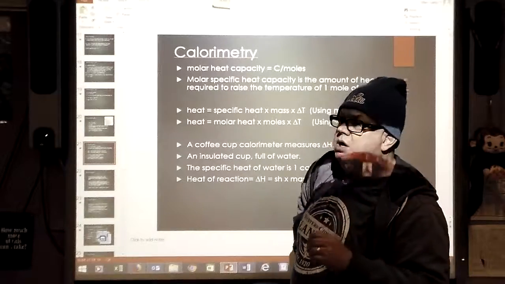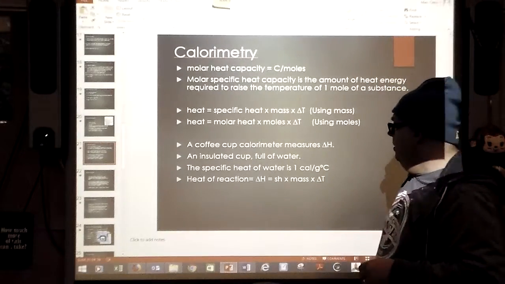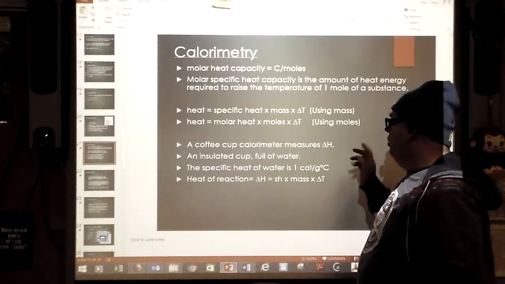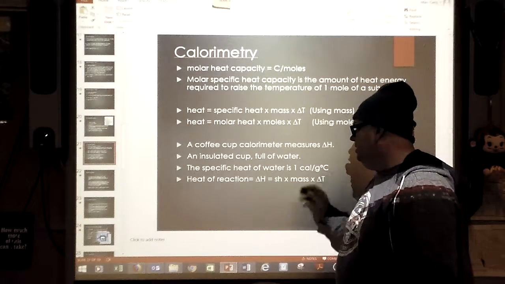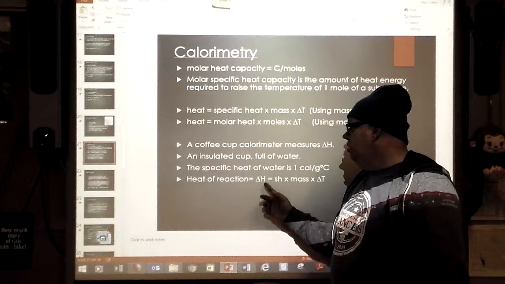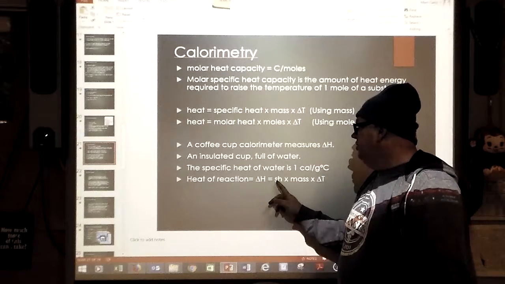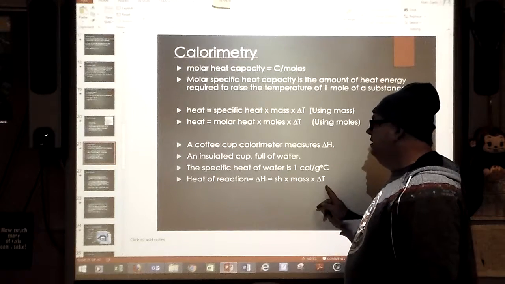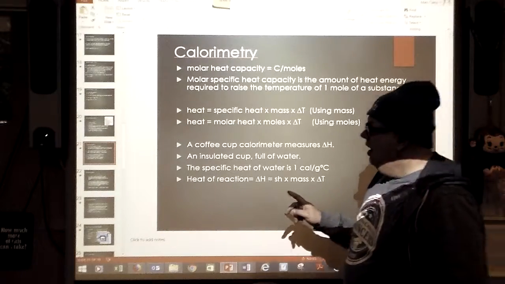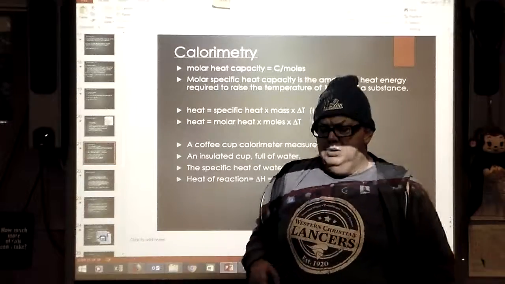You are going to be working with another kind of experiment on this. The specific heat of water is 1 calorie per gram times Celsius. The heat of reaction, delta H, is equal to the specific heat times the mass times delta T. And then on the next slide, there's a couple of problems.